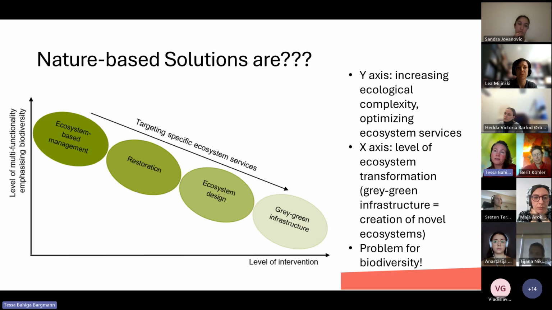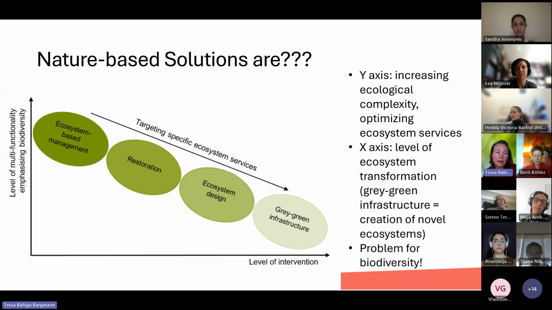And then on the x-axis, you have the level of intervention. That's really just how much you need to do to the ecosystem to do this nature-based solution. But this is also more in the direction of creating novel ecosystems. And I'm just giving an example of green infrastructure, because that's not always clear. It's, for example, something like a green roof in a city.